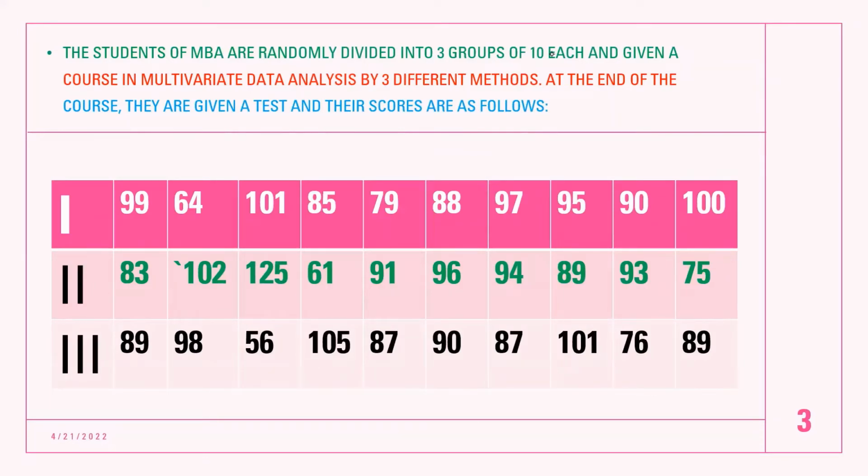The course is multivariate data analysis. At the end of the course, they were given scores. This is group 1, this is group 2, and this is group 3, and these are their scores.